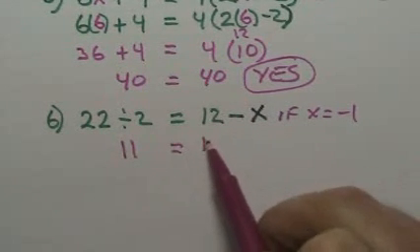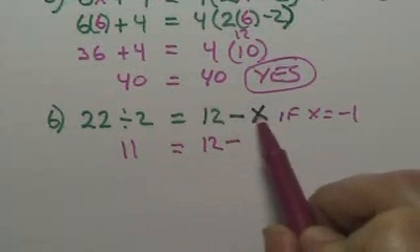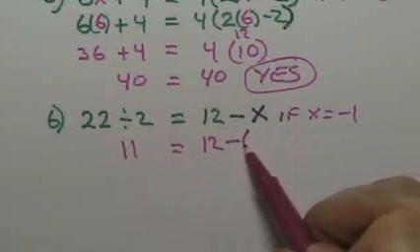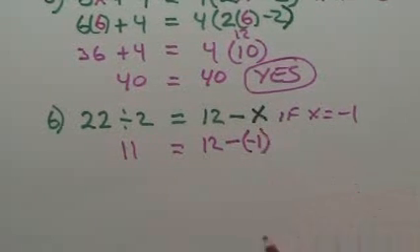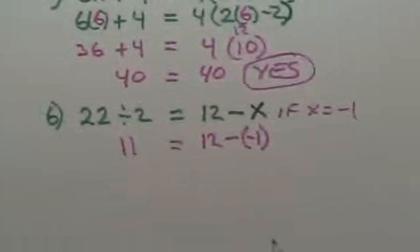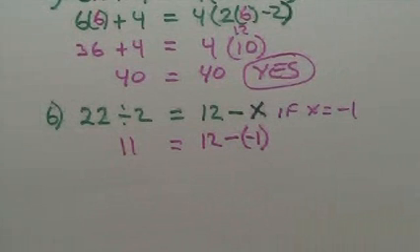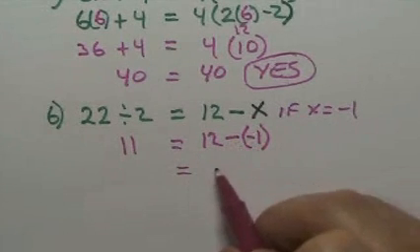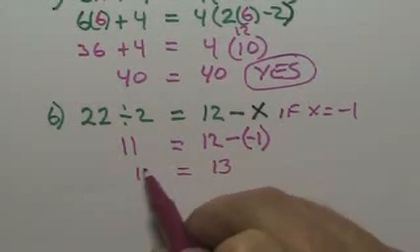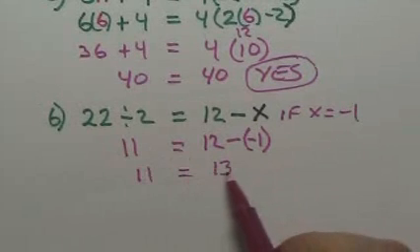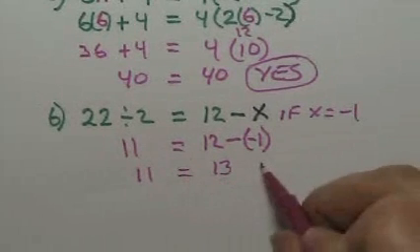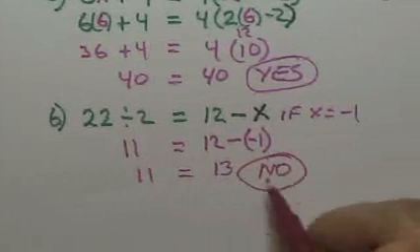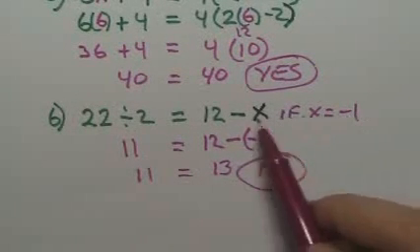On this side, we have 12 minus, now x is negative 1. Well, if that's minus negative 1, that must mean that that's a big plus. So I'm not going to write that down, but that's a big plus. So we have 12 plus 1. 12 plus 1 is 13. So 11 equals 13? No. Not on this planet. The answer is no. Negative 1 is not the solution.